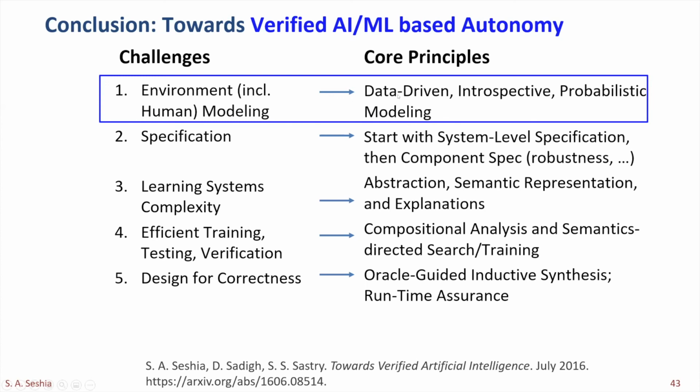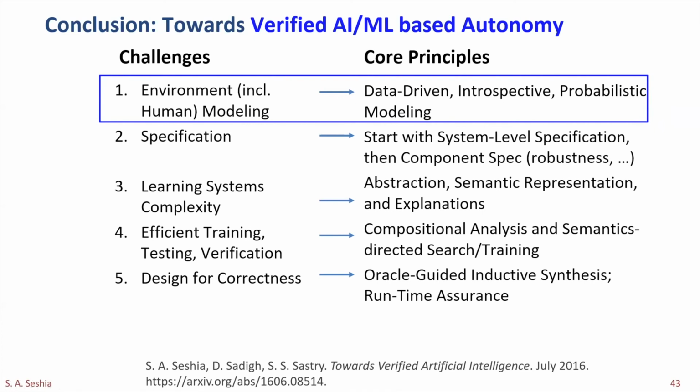Data-driven modeling is basically learning models from data, particularly relevant for modeling human behavior. Probabilistic modeling is what Scenic does, which we think is really crucial in this domain. And introspective environment modeling is a technique that I talked about back at RV 2019, which is basically how to come up with models when you don't know which are the agents in the environment.